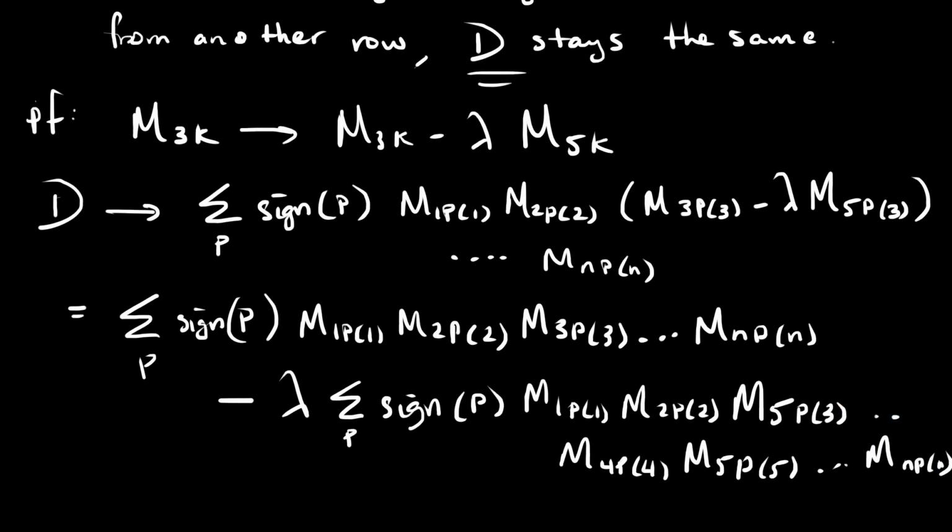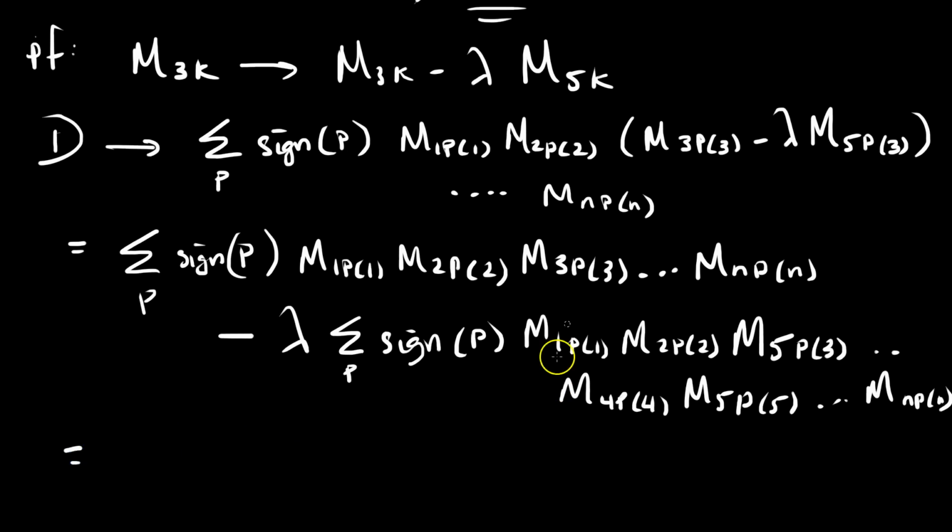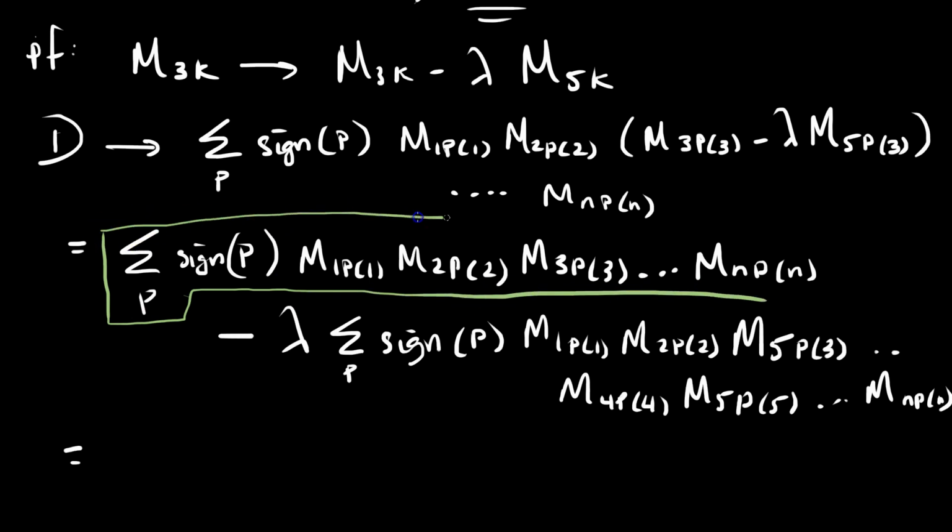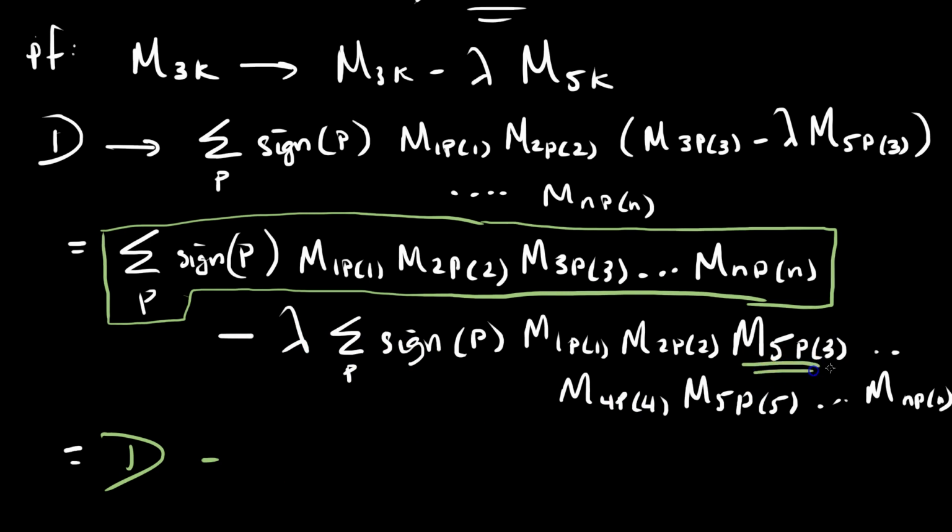Okay? And now notice what's happening here. This term right here is nothing more than just the determinant of m, right? But in this other term, notice that we have m5,p3 and m5,p5. Now what does this mean? If we really think about it, we're taking the fifth row and taking the permutations of it, and the fifth row and taking the permutations of it.